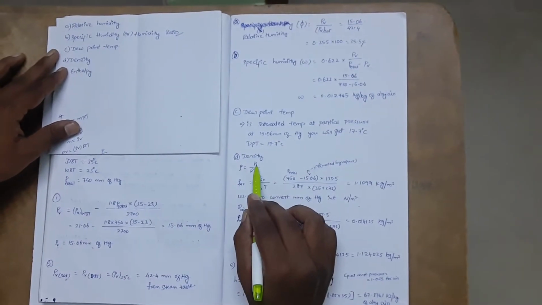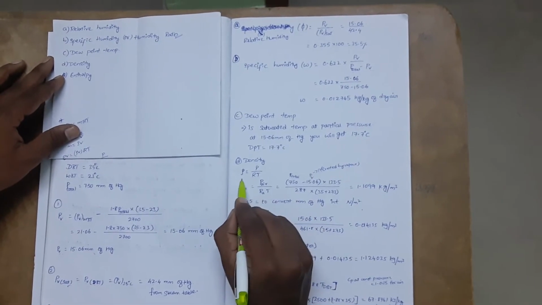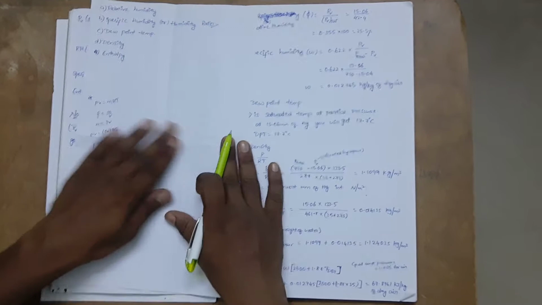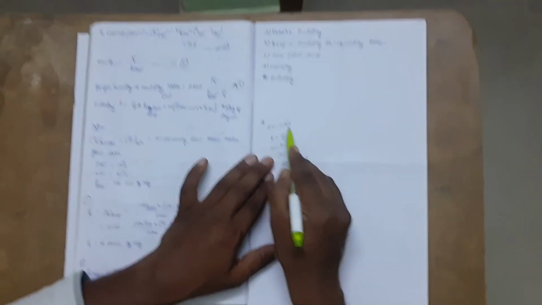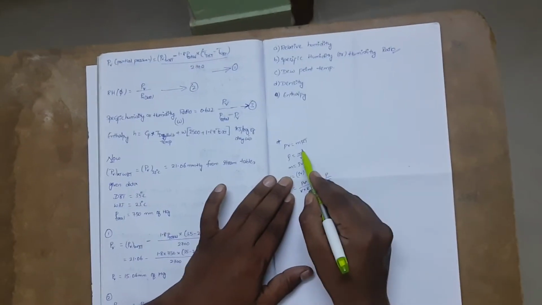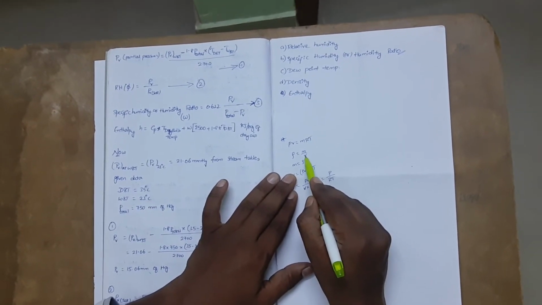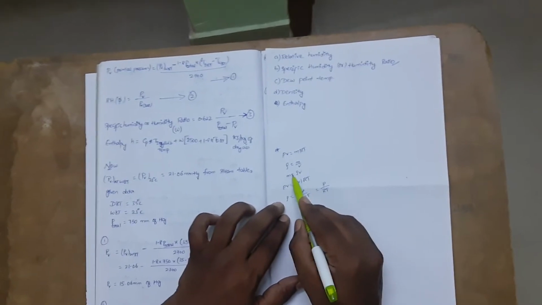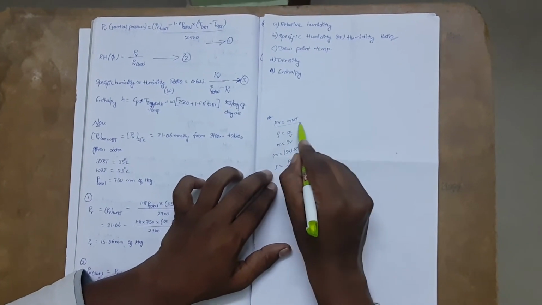Density is equal to P by RT. Now we will see how this equation comes. Normally PV is equal to mRT, we have one formula, and the density formula is equal to mass by volume, or we can rewrite this as mass is equal to density into volume. Now substitute this mass is equal to density into volume in this equation.